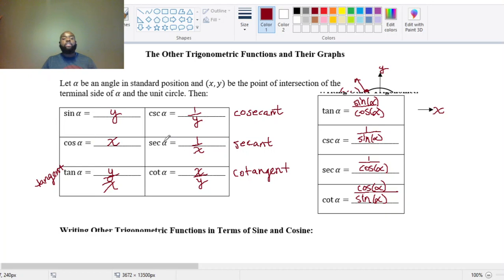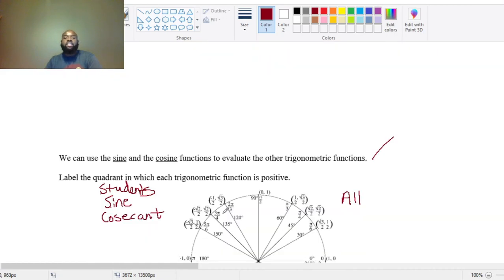Cosine and secant are reciprocals. That's x over 1. The reciprocal will be 1 over x. And tangent and cotangent are reciprocals. That's y over x, so its reciprocal is x over y, right? So since they use the same basic variable makeup in their ratios, they're going to have the same signs in the same quadrants.